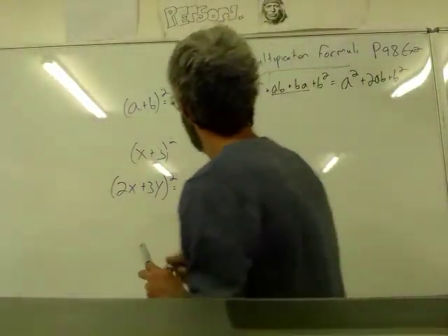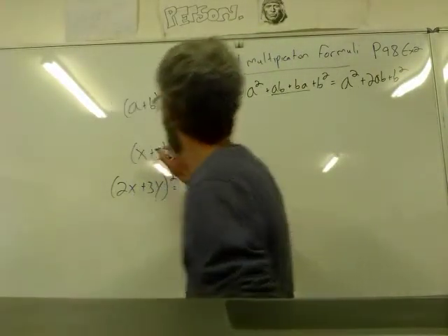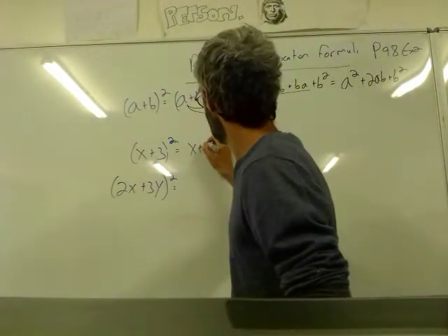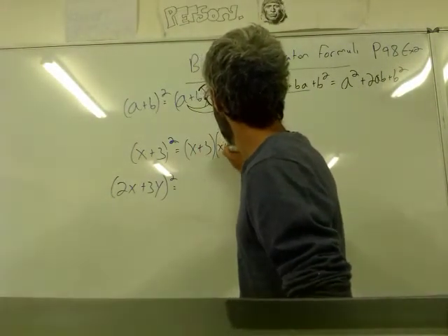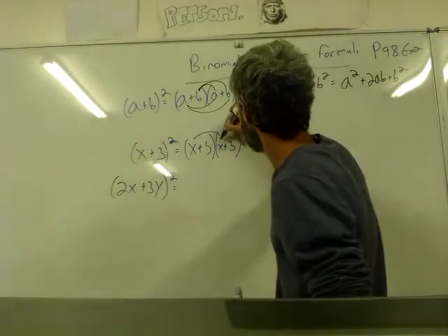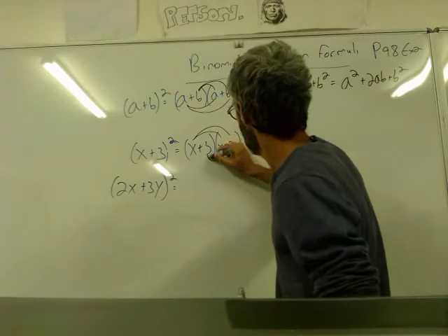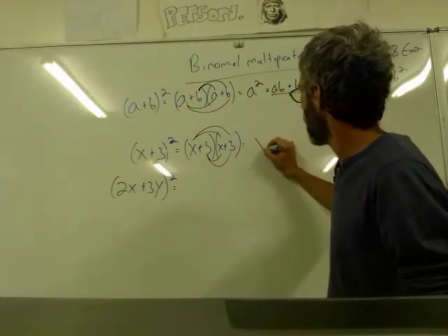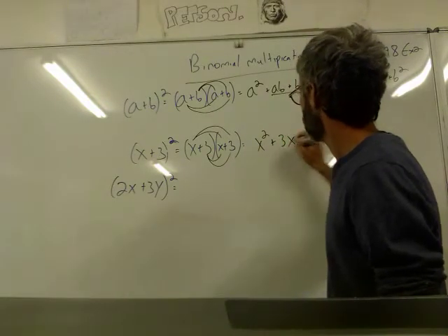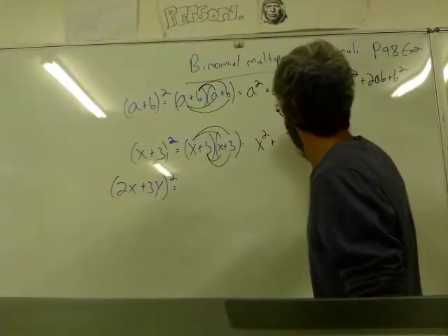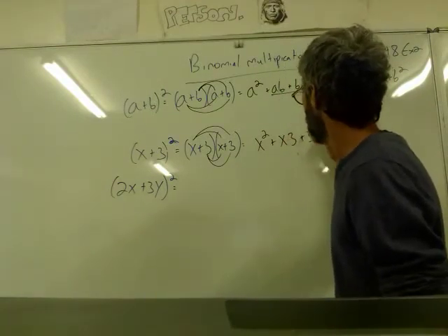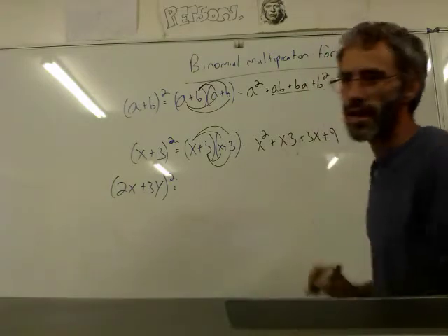So here I've got x plus 3 squared. That really means x plus 3 times x plus 3. And again, I'll put these little lines. That's going to be x squared plus 3x plus, x times 3, same thing, so we're going to write that, x times 3 plus 3 times x plus 3 squared, which is 9.